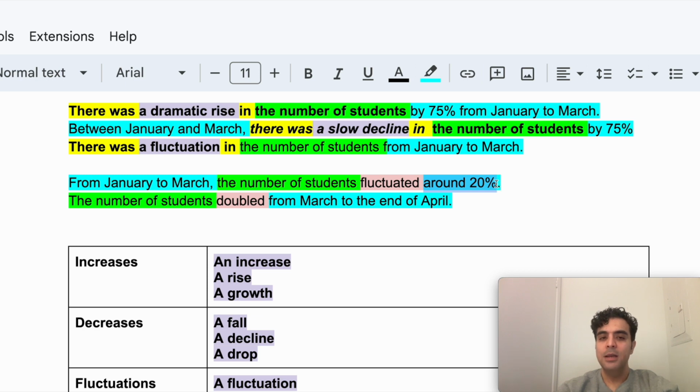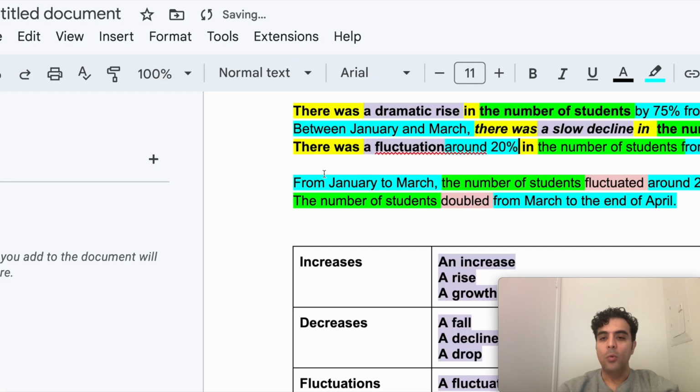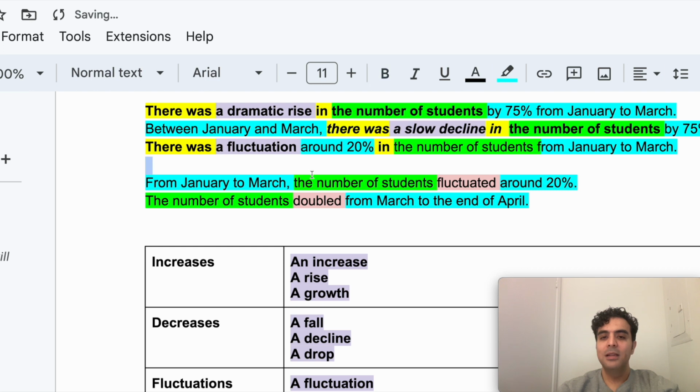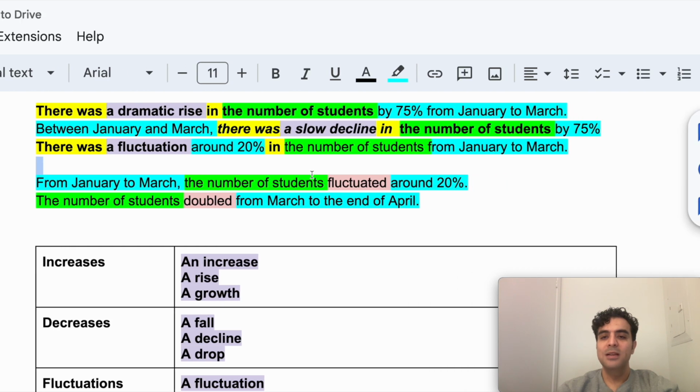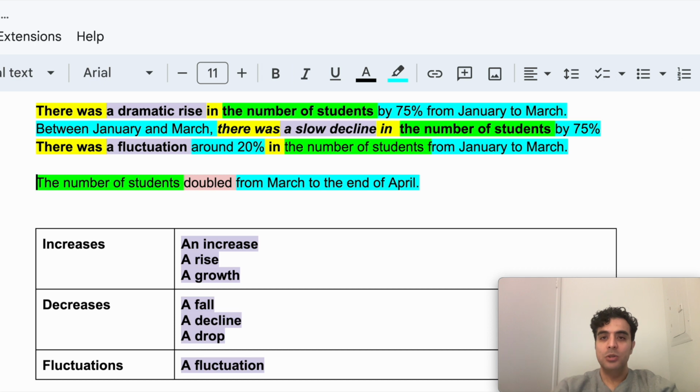Where does this go? So we could say there was a fluctuation around 20% in the number of students from January to March. You see, every single element in the original verb phrase structure made its way to this new structure that I have. And let's do this last one as well. So check it out.